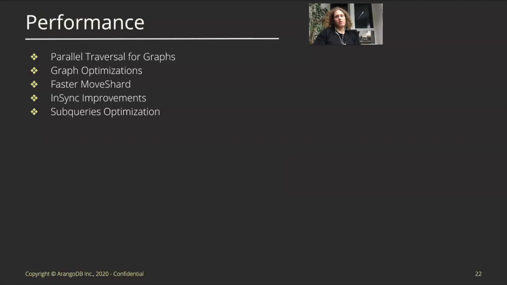Also related is the in-sync performance, how we can check that one node is in sync with another. Imagine a new node joining, it first has to get in sync with the current leader. The shipping of data will be much faster thanks to the faster moving of shards. And we also have faster checks to validate that we are in sync between multiple nodes.